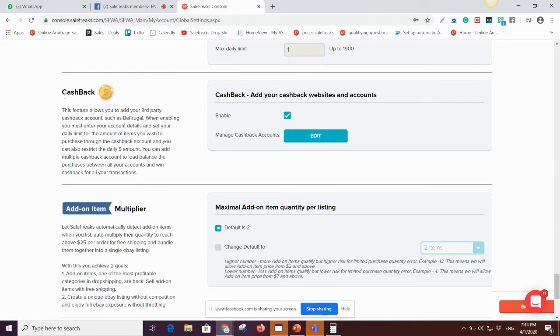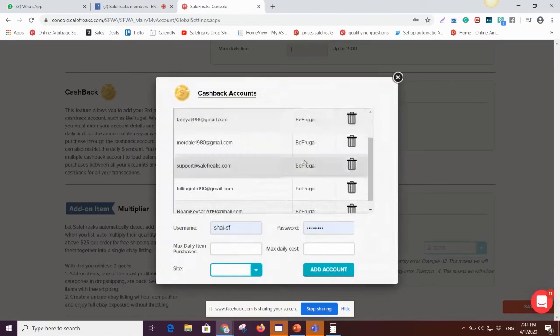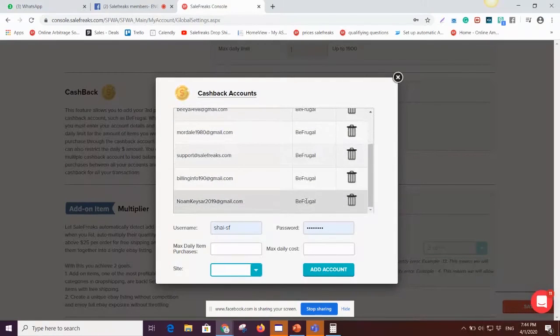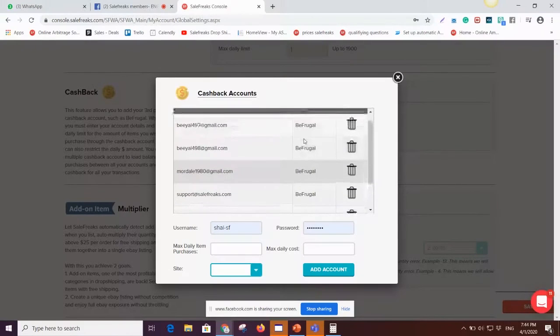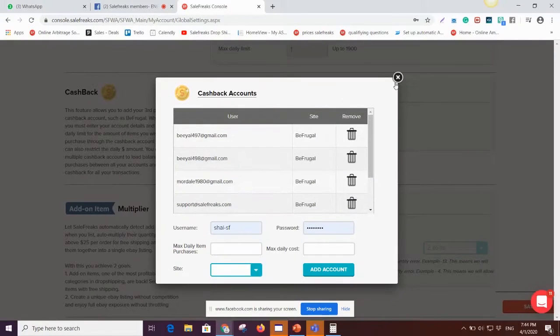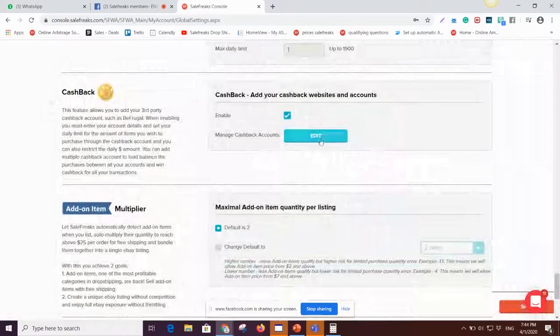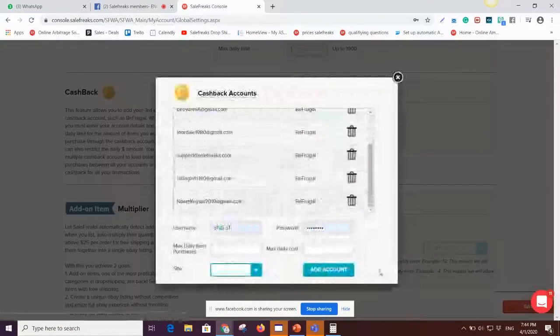But I should tell you that we are working on auto orders for AliExpress, which should be ready in a bit, and afterwards all the other suppliers. So at the moment we're only talking about Amazon. If I click, you can see all of these Be Frugal accounts. I have 1, 2, 3, 4, 5, 6 for this store. So you can just add them up.